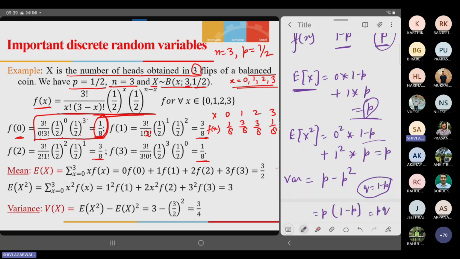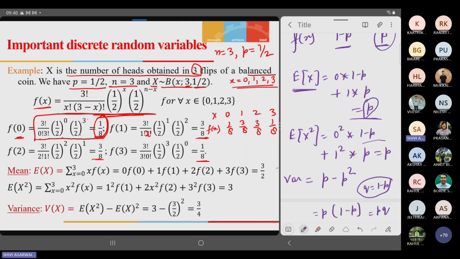In the 3 flips, there is a success: no head is coming, 1 head is coming, 2 heads are coming, 3 heads are coming. Because in all 3 flips, we may not get any head. Just check the X. X is not the number of flips.